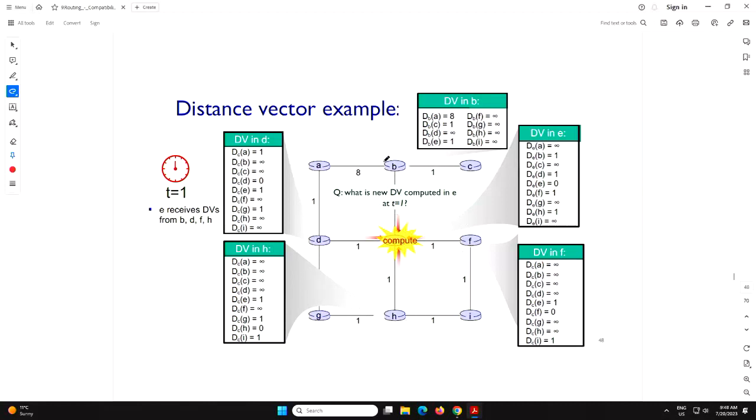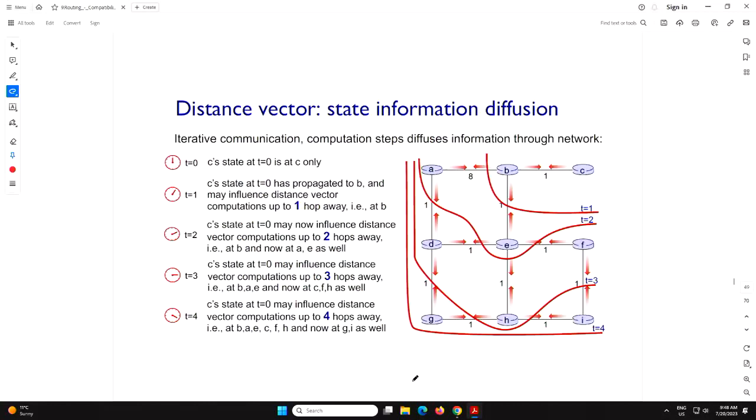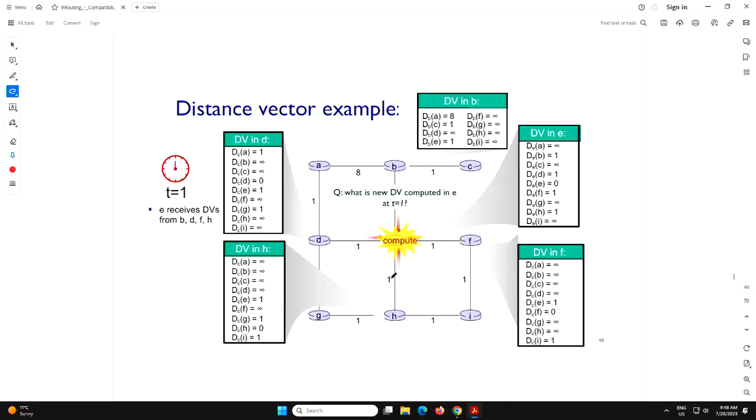Because we are talking about time T1, this iteration, if you receive the original routing tables from your neighbors, what will happen? Same thing. And then you can update E, which is not shown here.